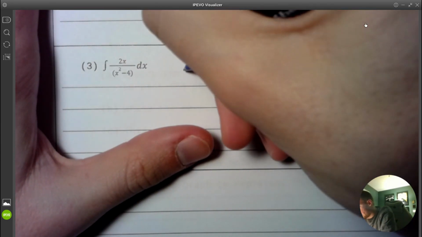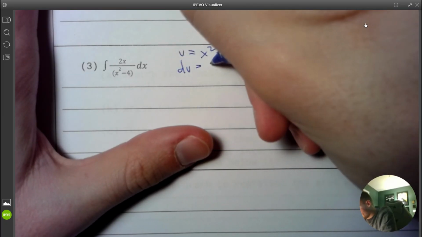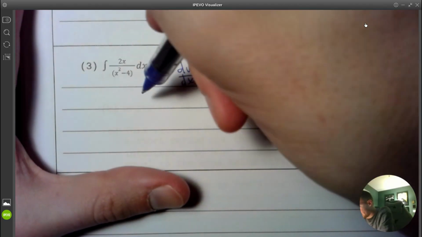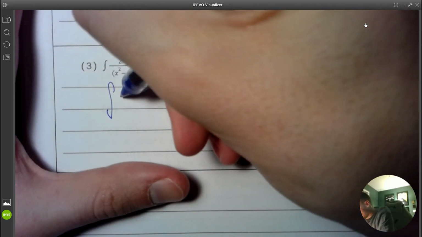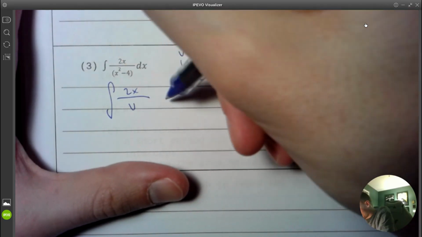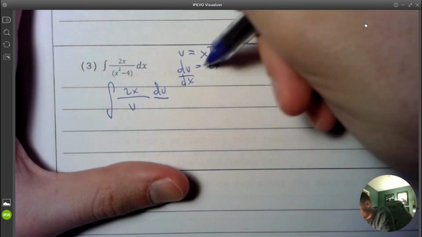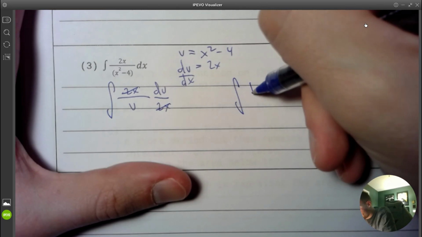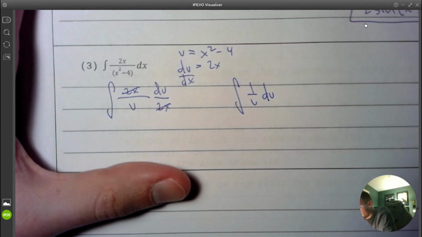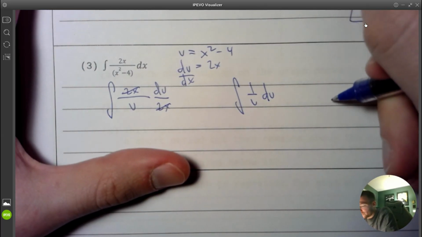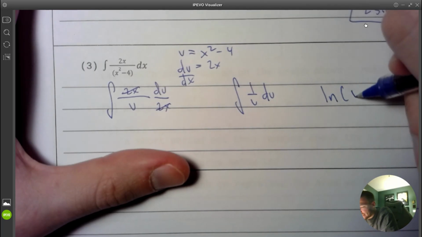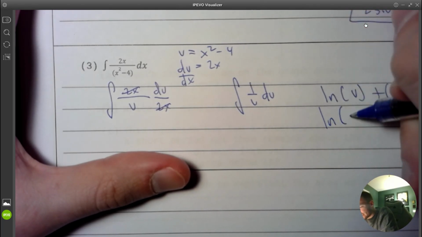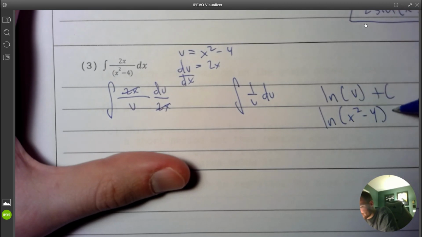Should be pretty easy. Because the 2x and the 2x. It's going to be 2x over u du. Those two switch. 2x. Perfect. The integral of 1 over u du is the ln of u plus c. Swap these out. The ln of x squared minus 4 plus c.